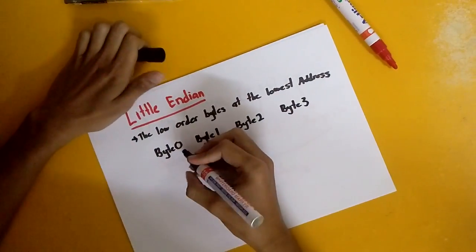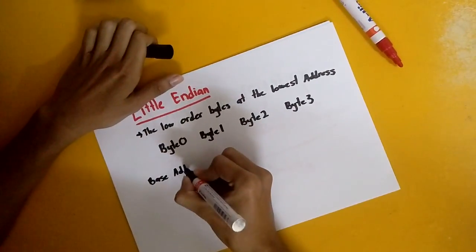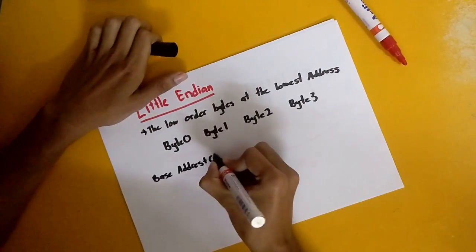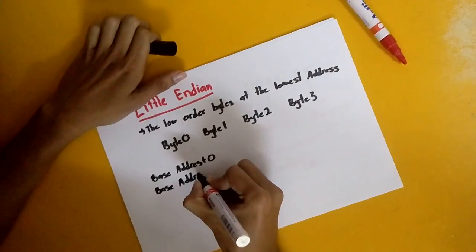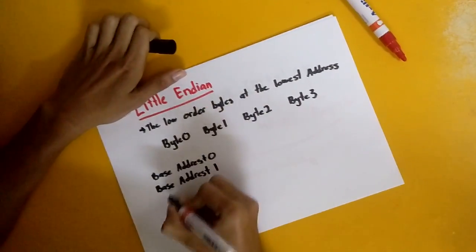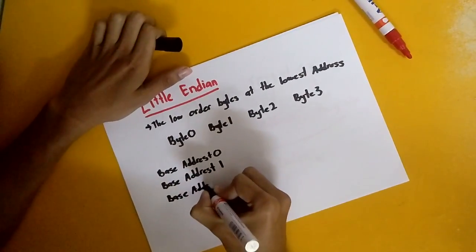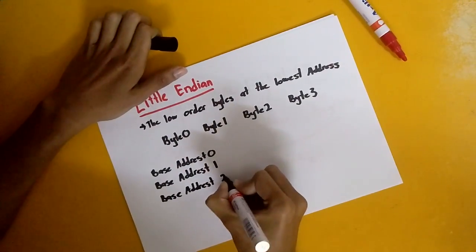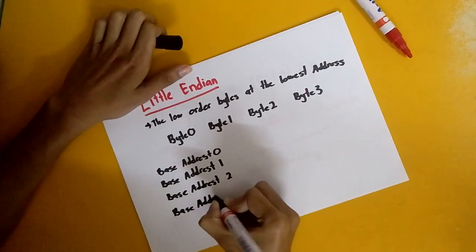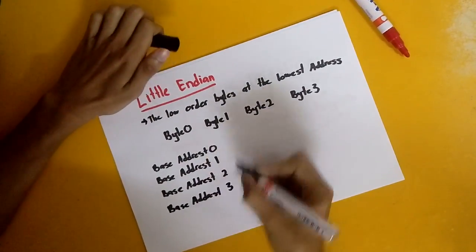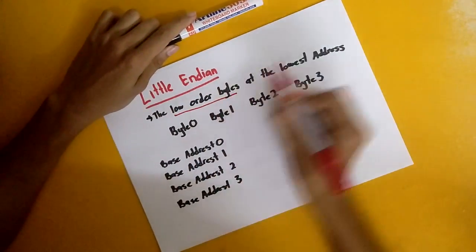And for the addresses, we have base address 0, base address 1, base address 2, base address 3. Okay, because Little Endian means the low order byte at the lowest address.